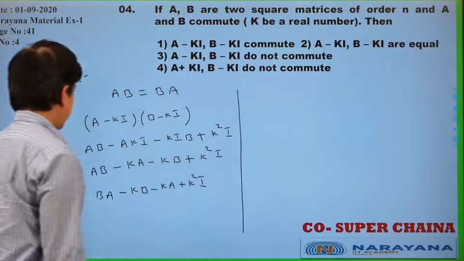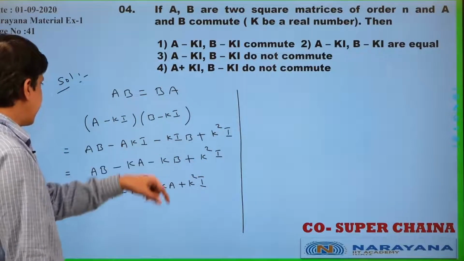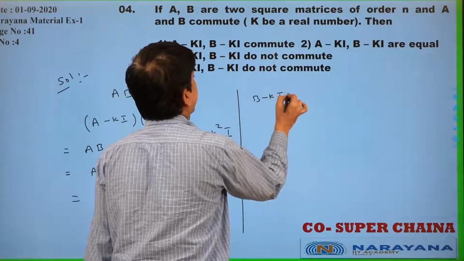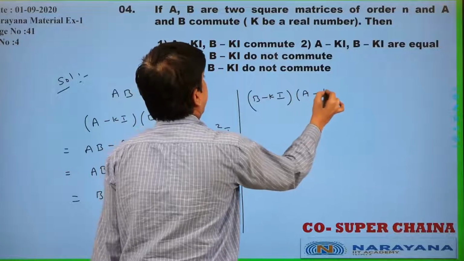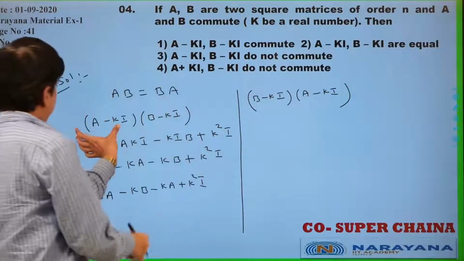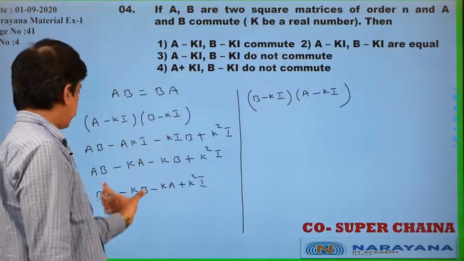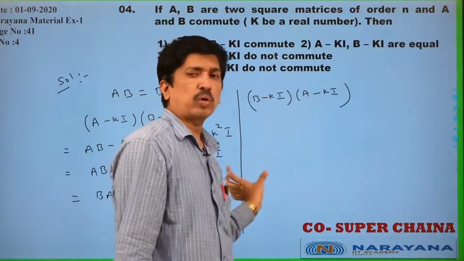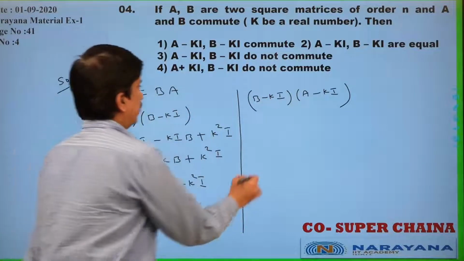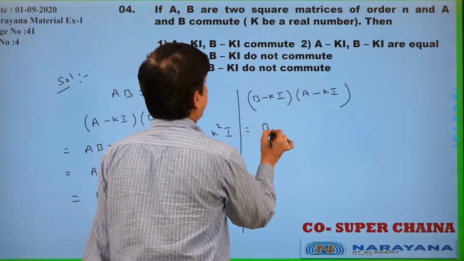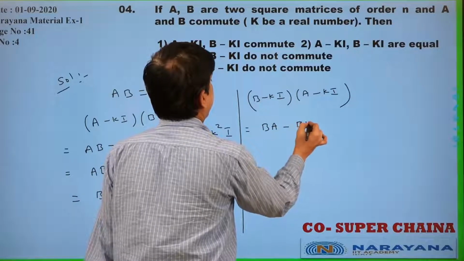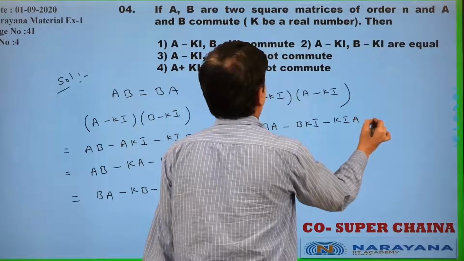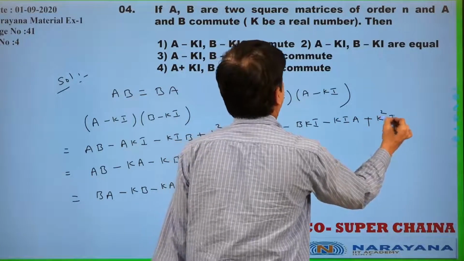Now once we check that one, is it B minus KI into A minus KI? B minus KI into A minus KI is equal to what? Why? Because I took A minus KI into B minus KI and got that result. If I get the same result for this also, these two are commutative, you can write. Now this is equal to B into A, BA minus BKI minus KIA plus K square I only.